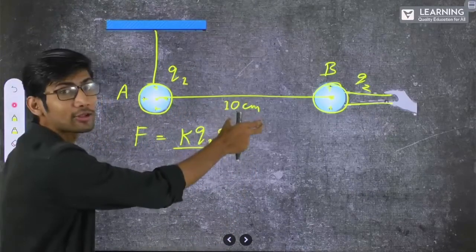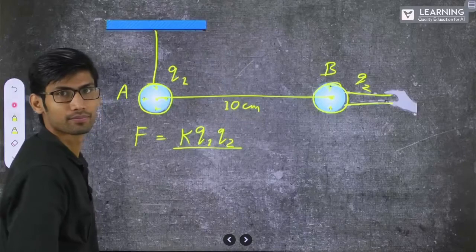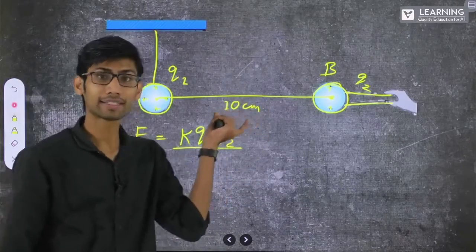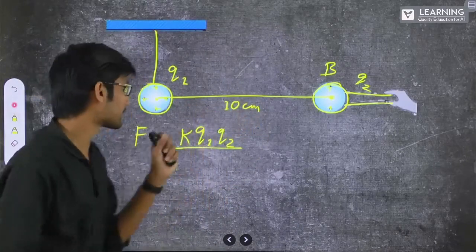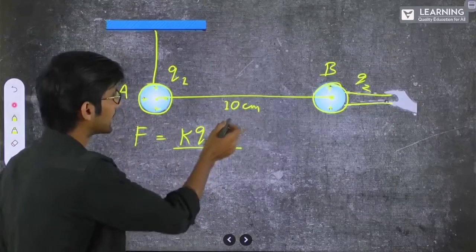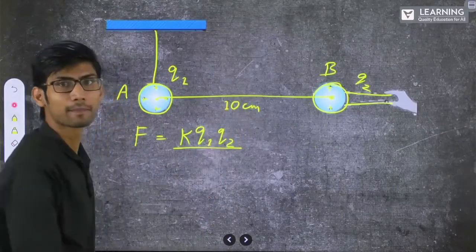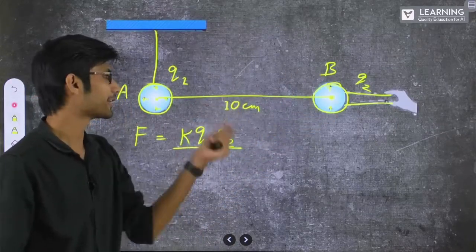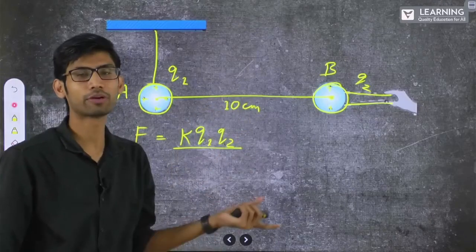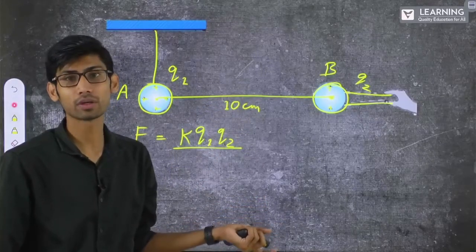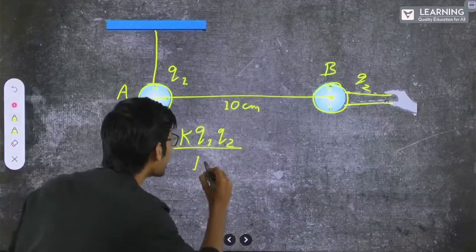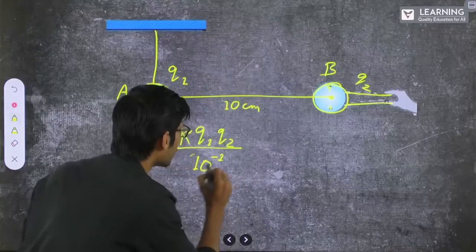Now R is given to be 10 centimeter. So I can write this as 10 power minus 1 meter. If I divide by 100, I get 0.1 meter, which means 10 power minus 1. So I can write it as 10 power minus 1 whole square.